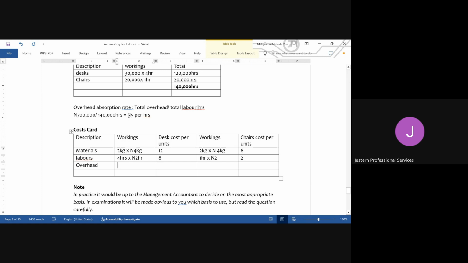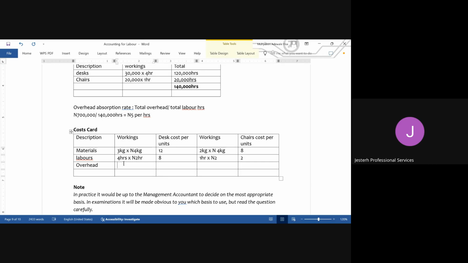Remember that we have already gotten the cost per hour, the overhead absorption rate. Since it's based on the total labor hours, whenever we want to calculate the total overhead per unit of each of these products, it's going to be based on the hours that labor takes to produce each unit.